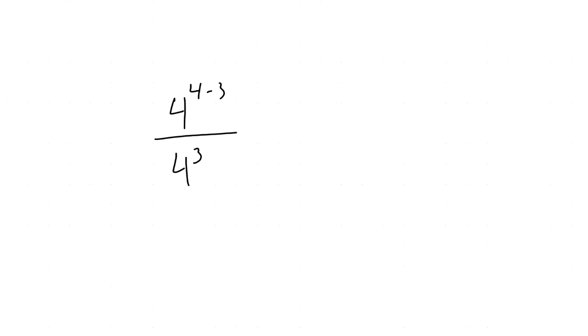It was 4 to the 4th power over 4 to the 3rd power. Remember, if you have the same bases, and the numerator exponent is greater than the denominator exponent, you can just subtract the exponents. That's just the rules of exponents, and I showed you why before.